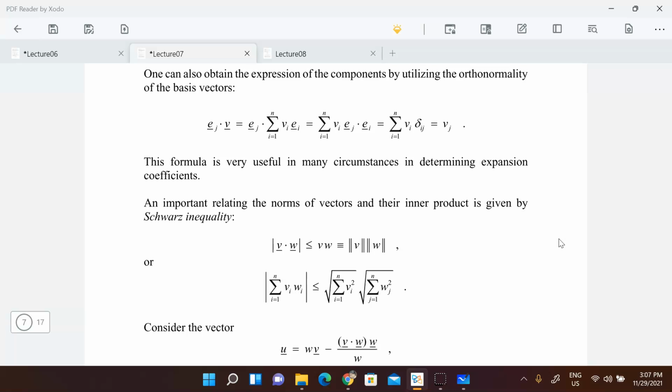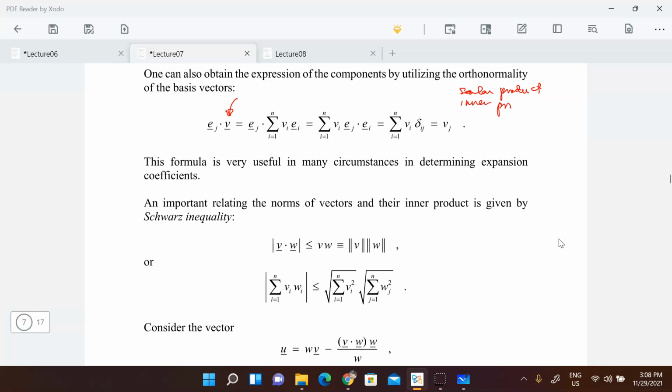The other useful thing about orthonormal basis is that, given a particular vector v, you can always find the components of v, the first component, second component, by just taking the inner product of the basis vector, which is now assumed to be orthonormal, with the vector v itself. The definition of scalar product and inner product has the same geometric meaning.